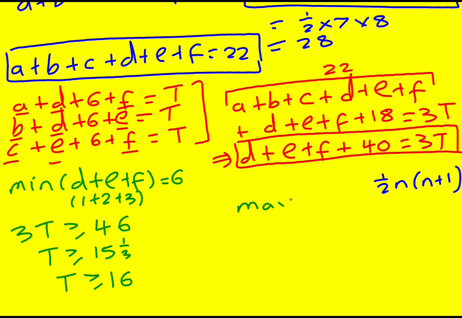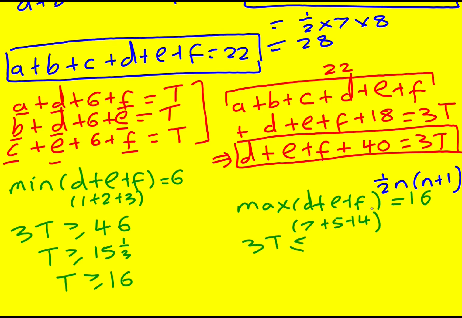Let's look at the maximum value of D plus E plus F. That's going to be when we use 7 and 5 and 4. Remember, we can't use 6, we've already used it. So that's 16. And what that means is that 3t has to be less than or equal to 40 plus 16, 56.